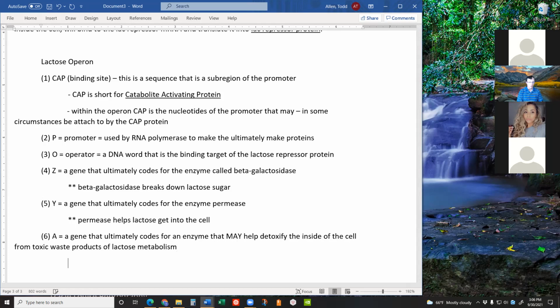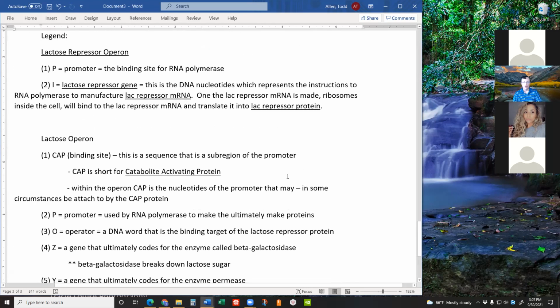From a biochemical perspective, this enzyme is known as a transacetylase, because it moves acetyl groups around from molecule to molecule. Who cares right now, right? You got enough on your plate. What you really are going to want to appreciate is definitely genes Z and Y. That's going to be important for our conversation.